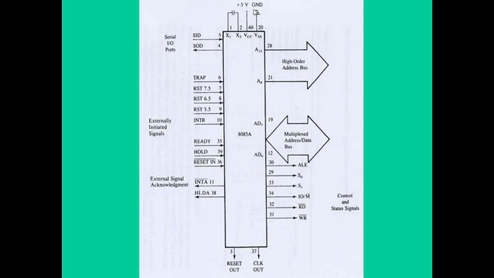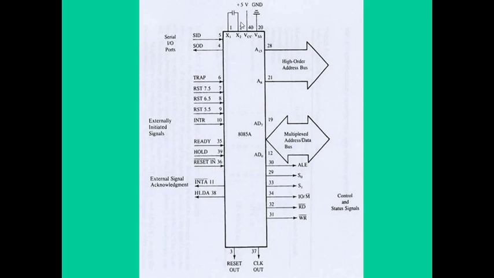Fourth category is power supply and clock frequency. VCC is for +5 volt power supply. VSS for ground reference. X1 and X2. A crystal, RC or LC network is connected to these two pins.